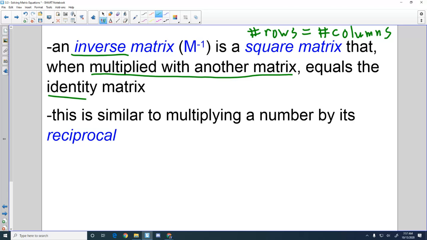Remember, that identity matrix, you can essentially cross off. You can ignore it. It doesn't change anything if you multiply by that identity matrix. So that's kind of our goal. If I want to cancel a matrix out, what can I multiply it by to turn it into the identity matrix so I can just cancel it out and ignore it? So this concept is the same thing as multiplying by a reciprocal with just numbers. If you multiply by a reciprocal, it cancels out and you can ignore that coefficient, whatever was in front of our variable.